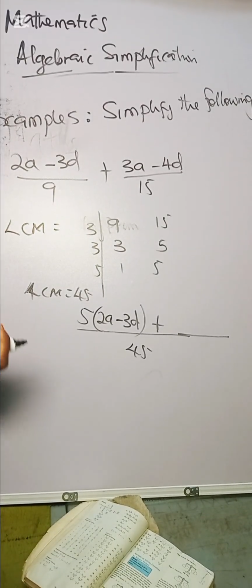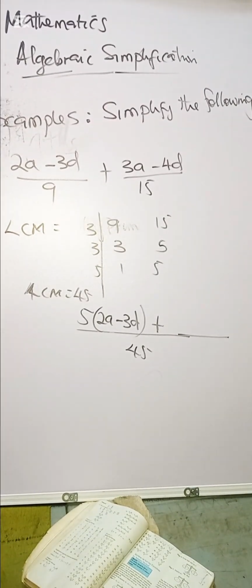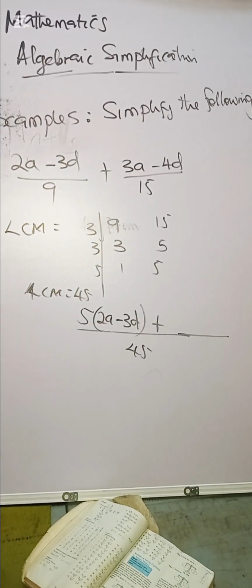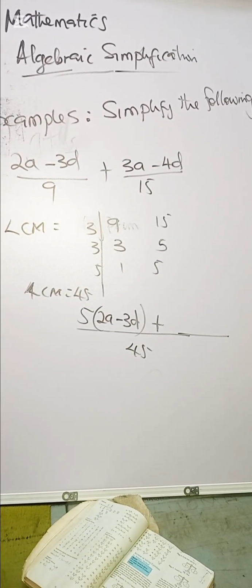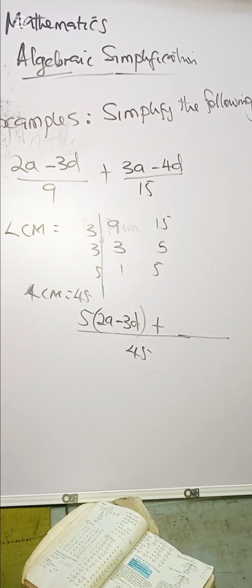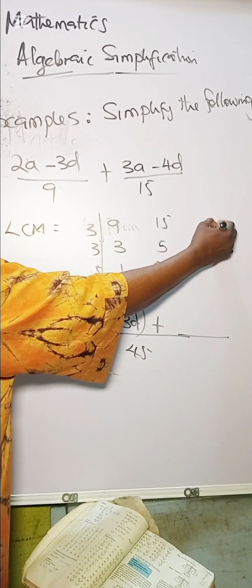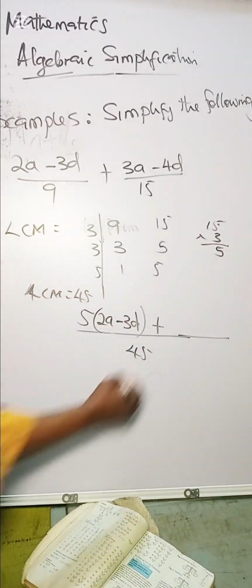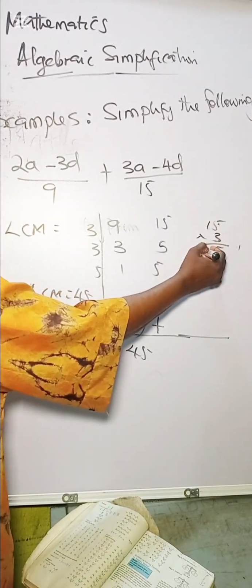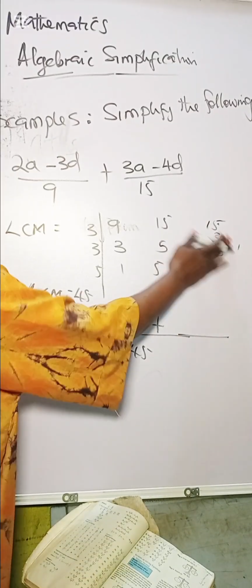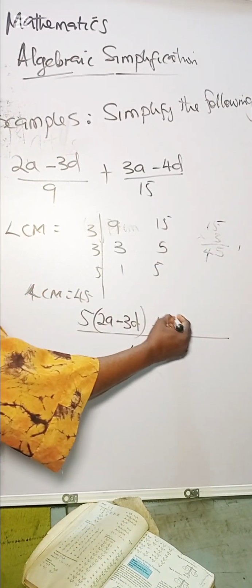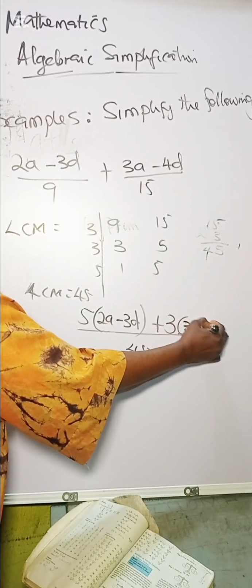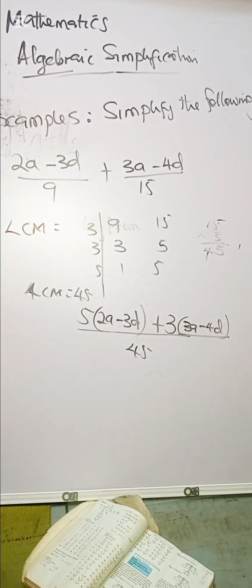What must be multiplied by 15 to make 45? I think it's 3. 3 times 5 is 15, carry 1. 3 times 1 is 3 plus 1, 4. 45. Have you seen it? So it's 3. So that 3 will multiply the numerator of 15, 3a minus 4d. Are we together?